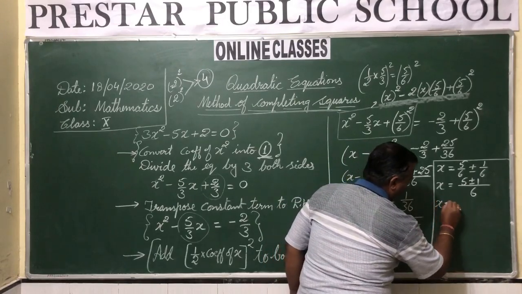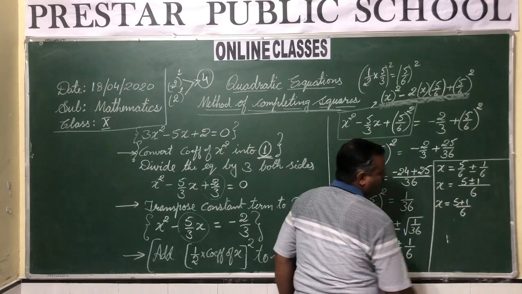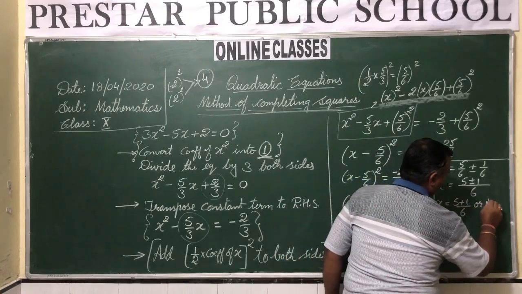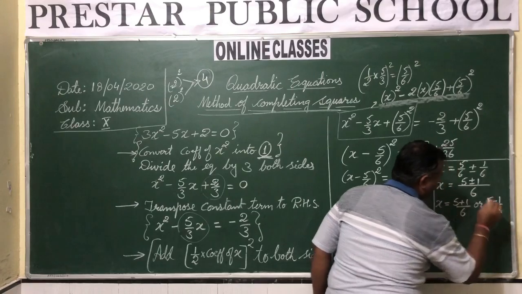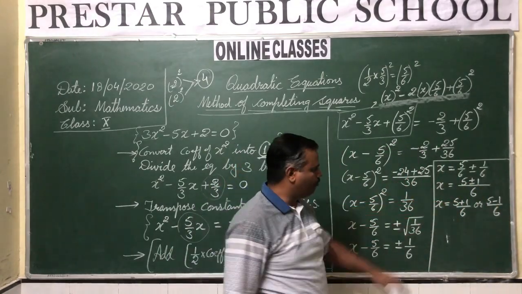So we have x as 5 plus 1 upon 6, or it is 5 minus 1 upon 6.